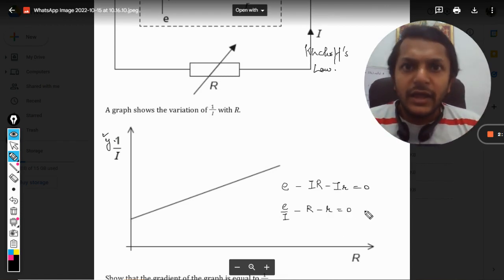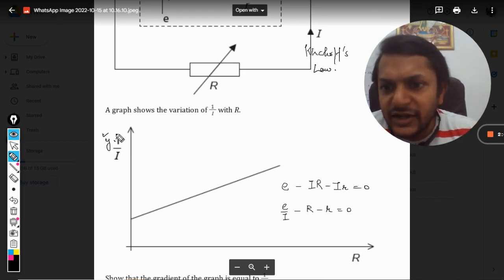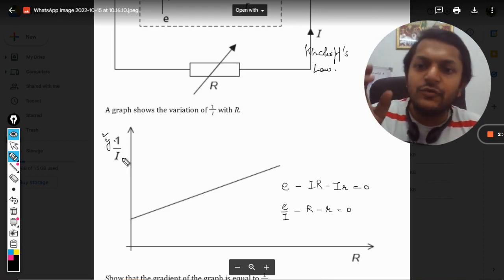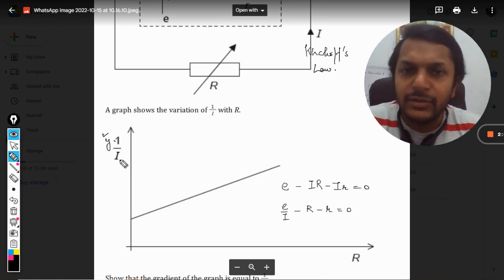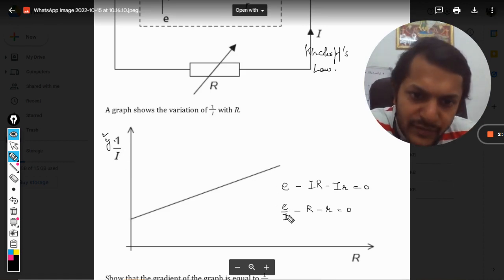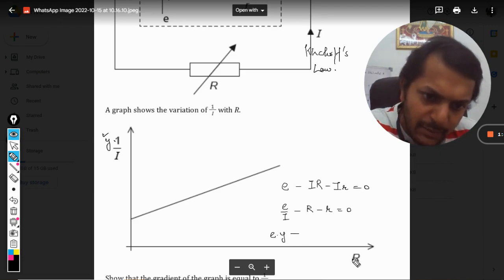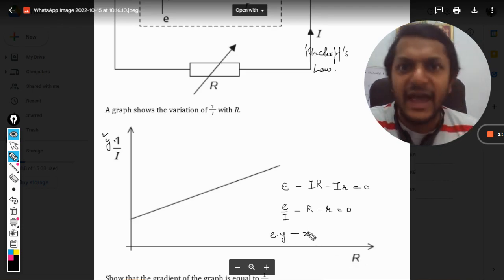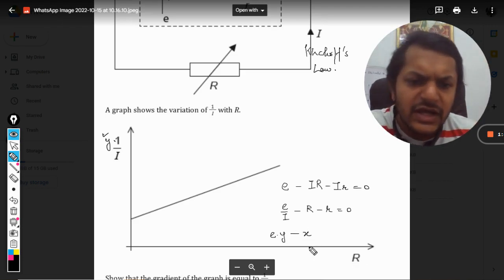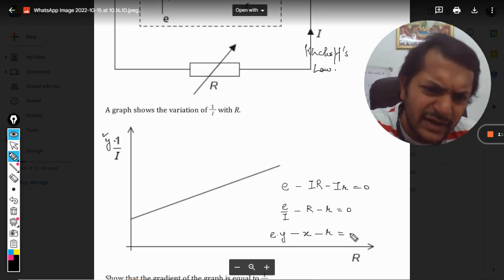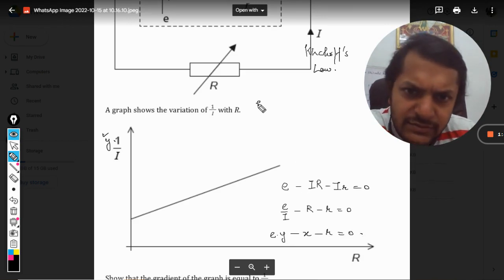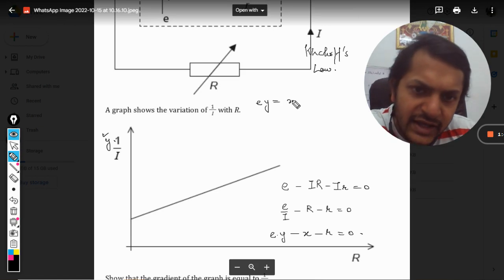Now, a very quick method is that you can substitute 1 by I as y because it is on the y-axis. So it becomes E into y minus this capital R, which can be taken as x because it is placed on the x-axis. Just for the sake of comparison, I am writing. So my equation becomes E into y is equal to x plus r.